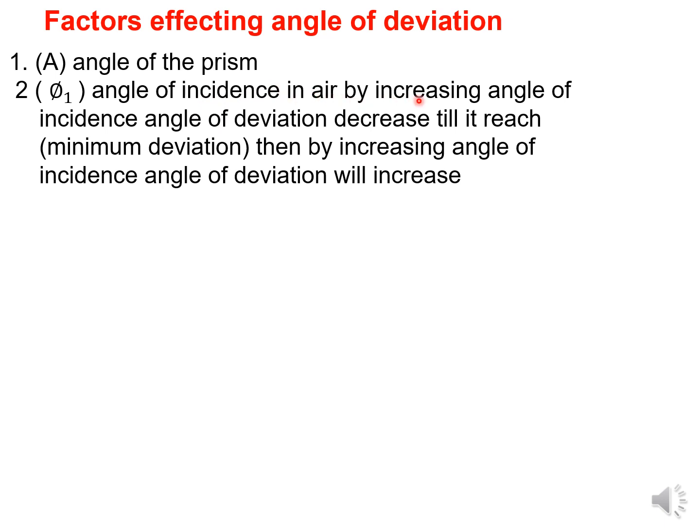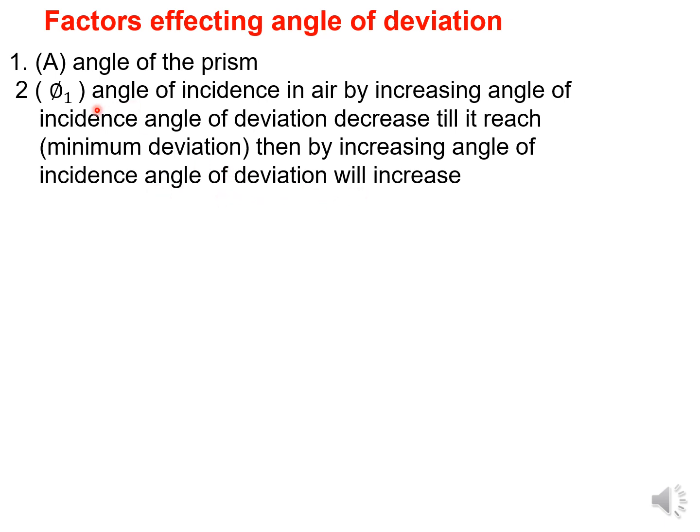By increasing the angle of incidence, the angle of deviation decreases till it reaches minimum deviation. Then by increasing the angle of incidence further, the angle of deviation will increase.